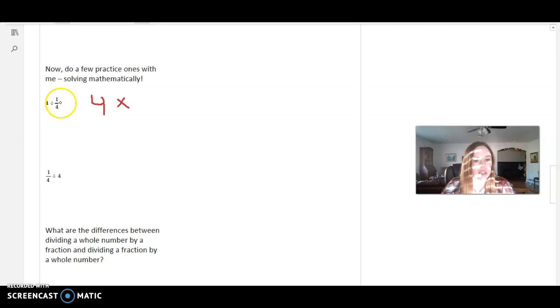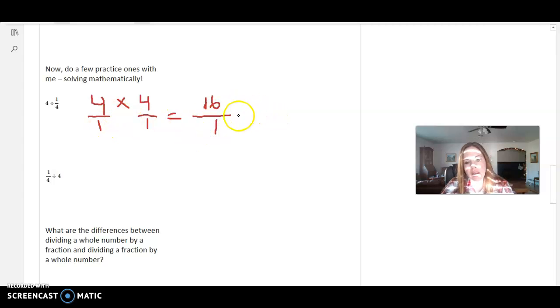The reciprocal is our fraction flipped. So 4 over 1. And if we want to turn both of our whole numbers into fractions, we would do that. And now just multiply across. 4 times 4 is 16. 1 times 1 is 1.